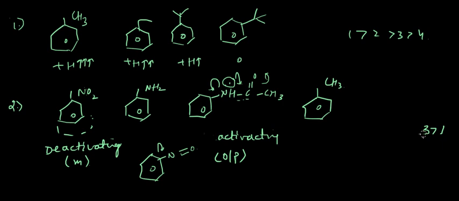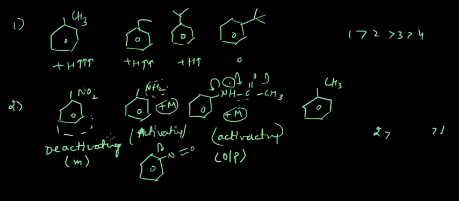Obviously the rate would be lesser than the second compound, which is the highest in terms of activating, but both these compounds are actually plus M effects only. In this case, the lone pair can actually be participating in resonance with the neighboring CO group, but in this case the electrons on the nitrogen atom would definitely go in resonance with the phenyl ring itself.